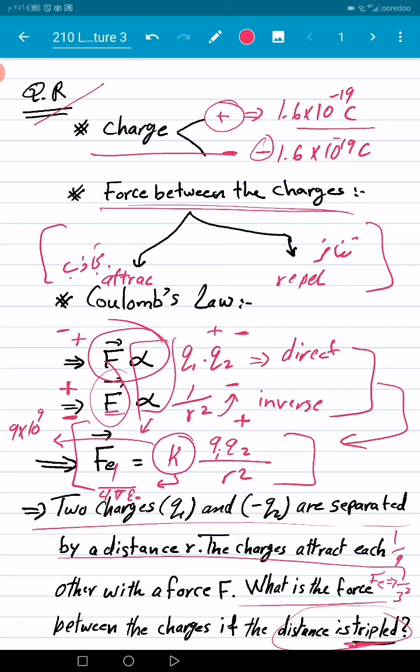If it's doubled, change this value to 2, so that means 4. If it's 5 times, that means 1 over 5 squared, so that means 25, and so on.